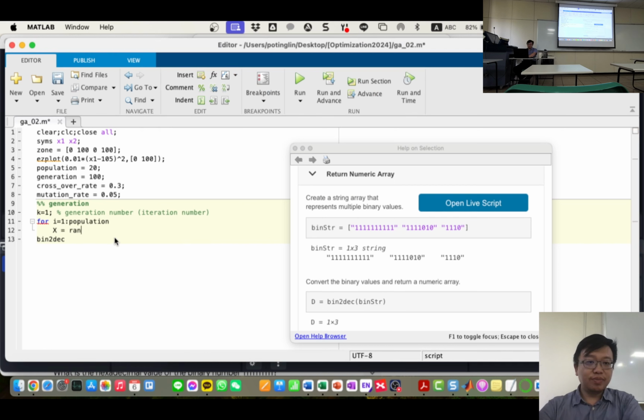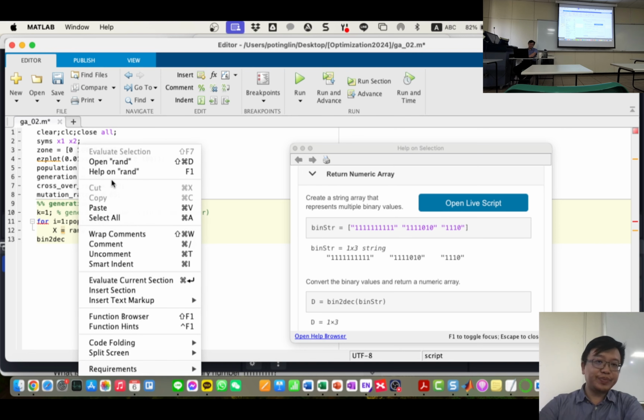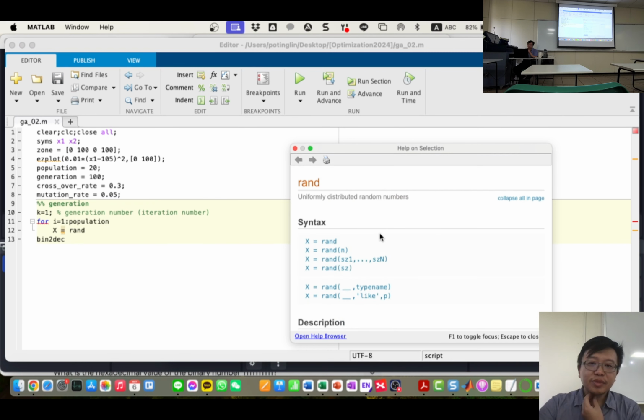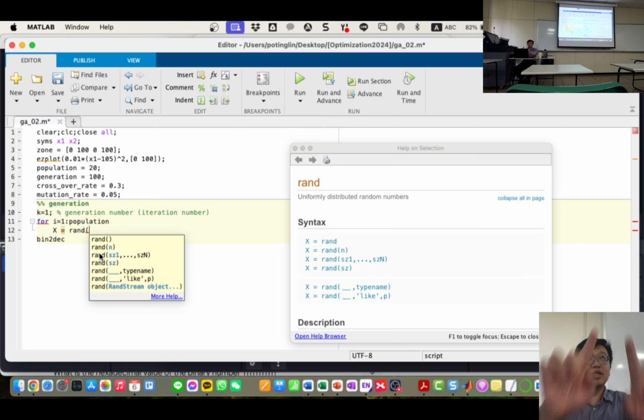So I will have just random. If you use rand, it is a uniformly distributed random generator, and I'm gonna generate a horizontal one.